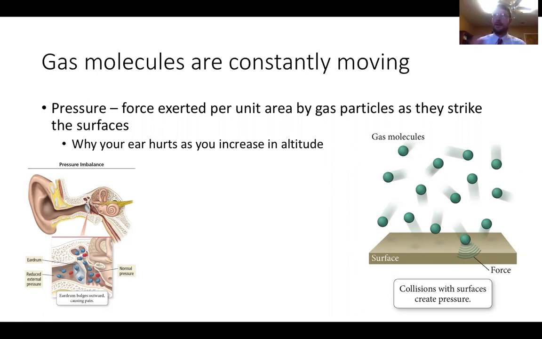If you've ever been on an airplane, this is why, as you increase in altitude, your ears need to pop: the pressure on the inside of your ear stays the same, but the pressure on the outside of your ear changes. Usually when we're on the ground, where we usually live, those pressures are equilibrated. But if we go to a place that is very low pressure, it becomes out of equilibrium, and so your ear needs to pop.